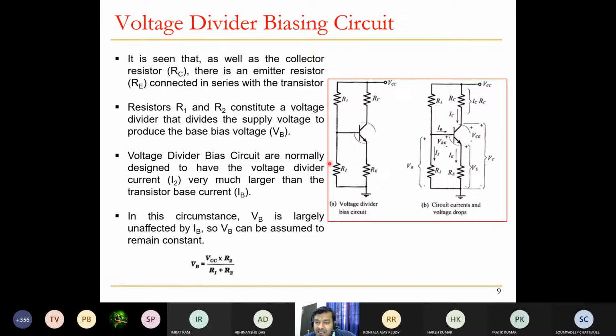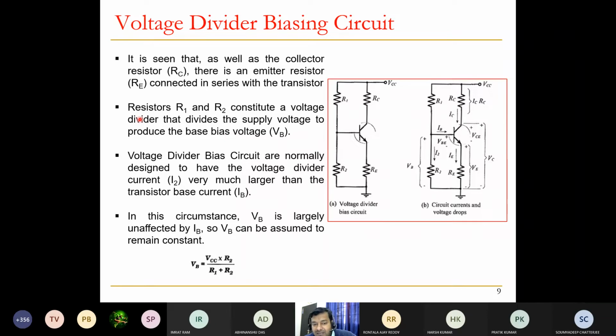Why is it called a voltage divider? Because it divides the supply voltage. Why is it required? To produce the base bias voltage.